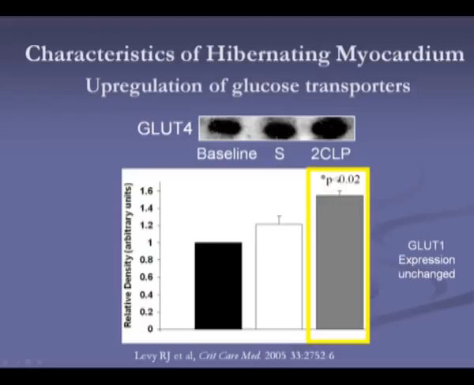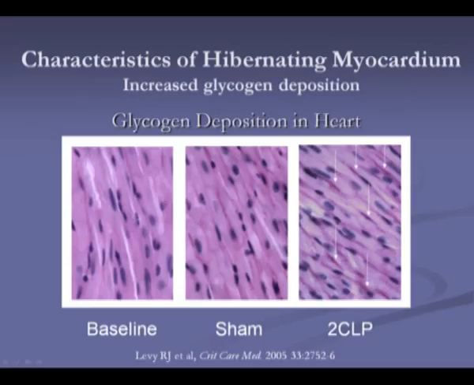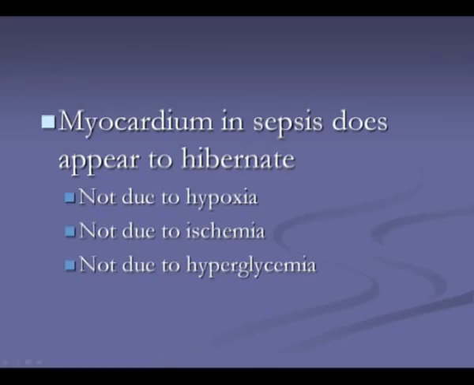It seems to be unchanged, but the density of the GLUT4 transporter goes up. And the arrow is pointing to these little pink lines, which are glycogen in the PAS staining here, indicating increased glycogen deposition. So all three of the defining characteristics of hibernation do occur in septic myocardium, at least in these animal models. So myocardium in sepsis does appear to hibernate.